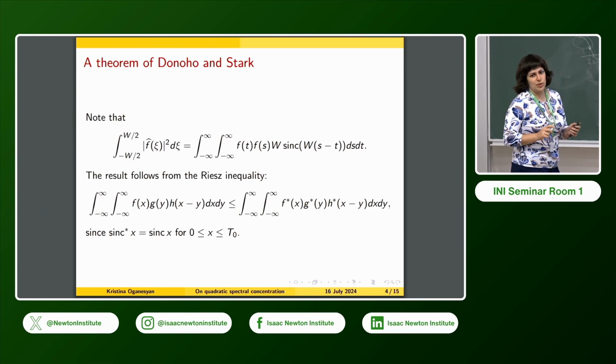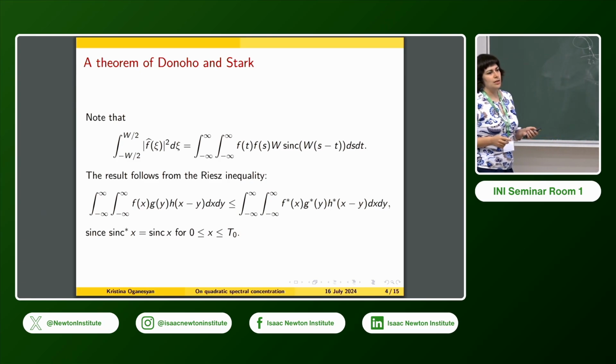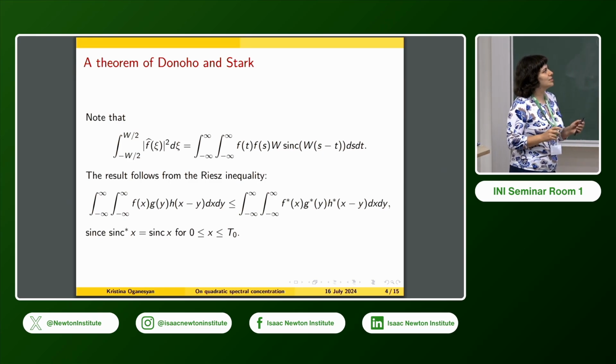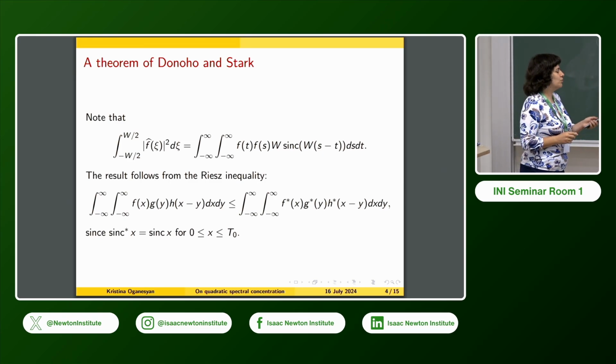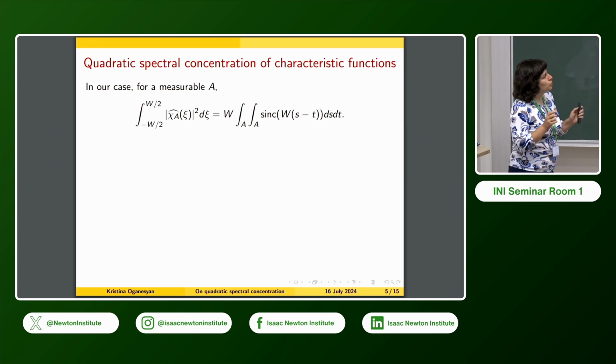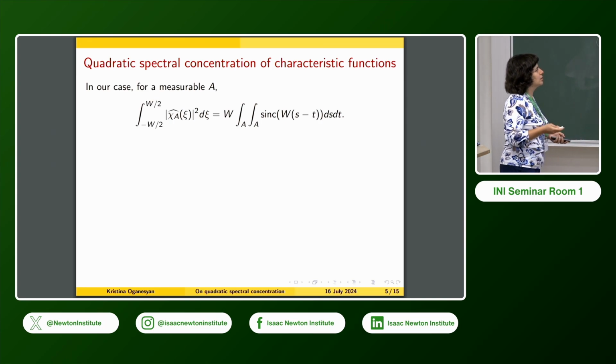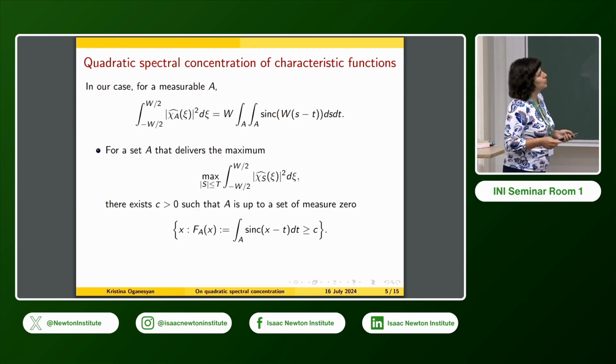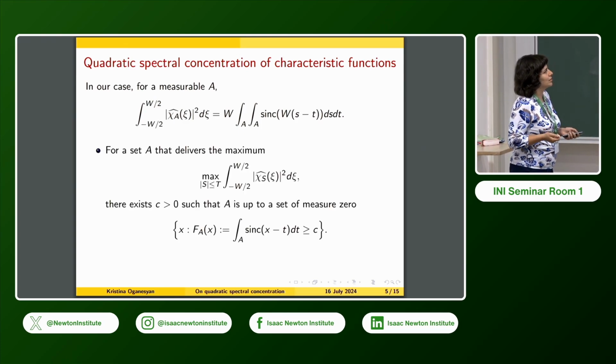As I said, we cannot do anything better in this case. But what if we consider only the case when f is the characteristic function of some set? We write the same expression and we get this integral of sinc. There are two things that we can say about the extremizers.